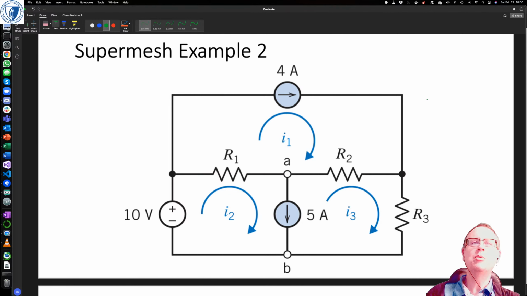Okay, here's another super mesh example, and this is kind of nice because it's got two current sources, one of which gives us a freebie and one of which means we need to do a super mesh. The freebie is this one. We've got I1 and a 4 amp source, so this tells us that I1 directly equals 4 amps.